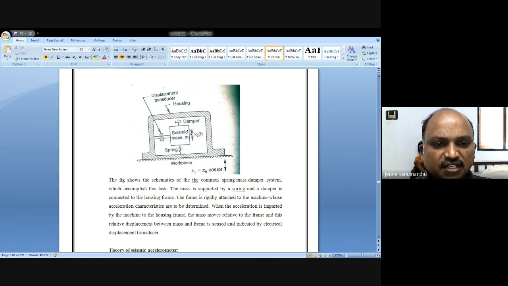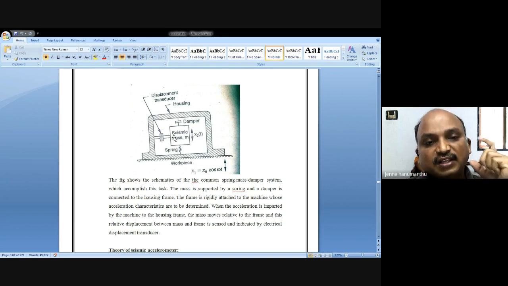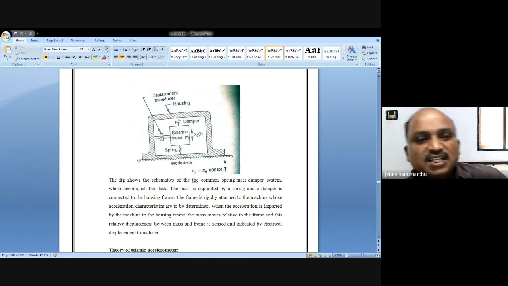Because of this, the damper and spring are moved. Because of the spring, it provides some dynamic damping. When they are moving, there is a displacement transducer. It provides some pointer value. That value is nothing but the amount of acceleration we apply. It is a displacement transducer, also called a seismic transducer.